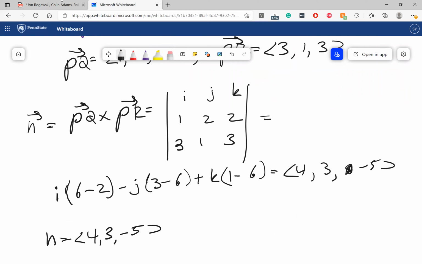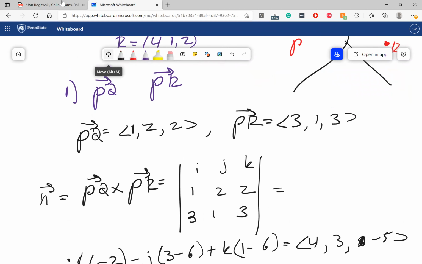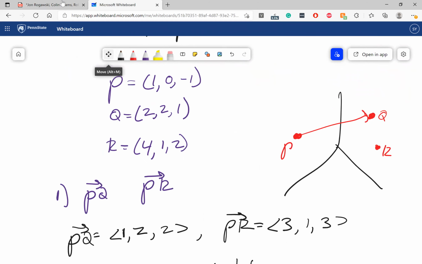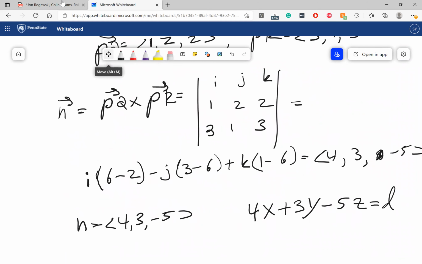Any questions so far? Then my plane has the form 4x plus 3y minus 5z is equal to d. Now I only need to find d. So I can go back and find the point P, 1, 0, -1.